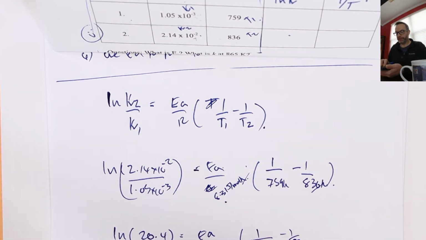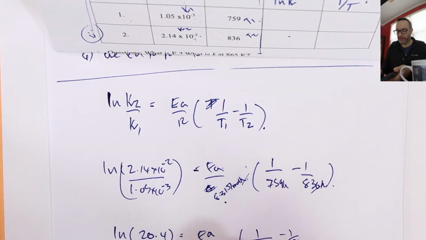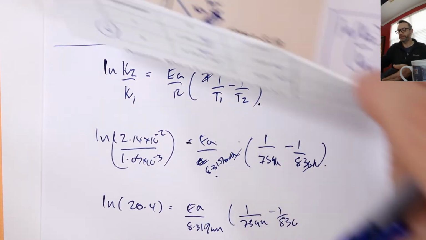Log of 20.3 equals EA over, etc., right? Oh, move that up for you.